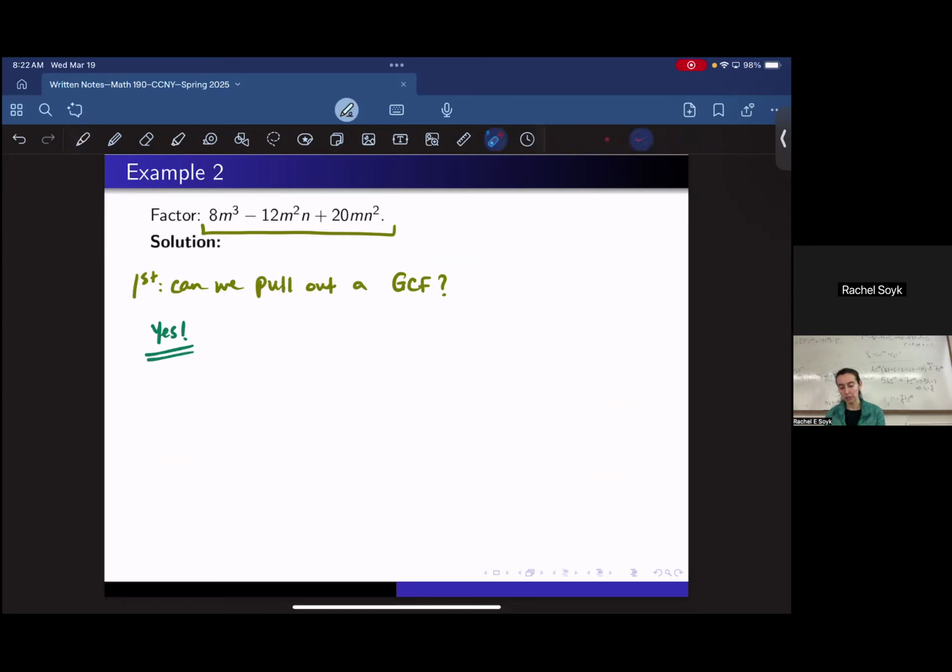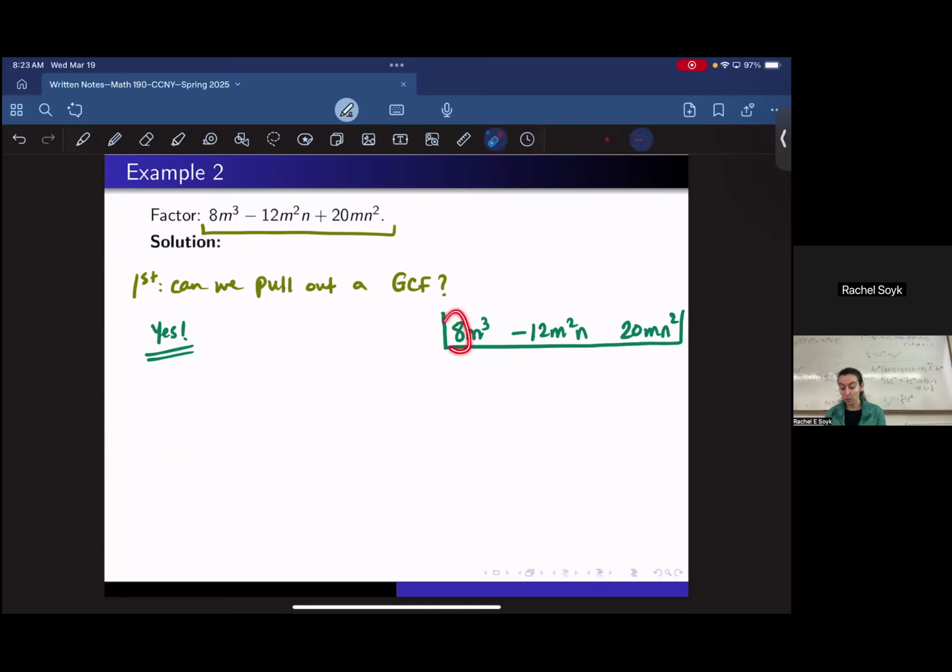What do we notice each of these terms share? And if you don't see it straight off the bat, again, off to the side, write your cake method. Once you get the hang of it, you don't have to do cake method every time. But cake method sort of gets you in the habit of what we're looking for.